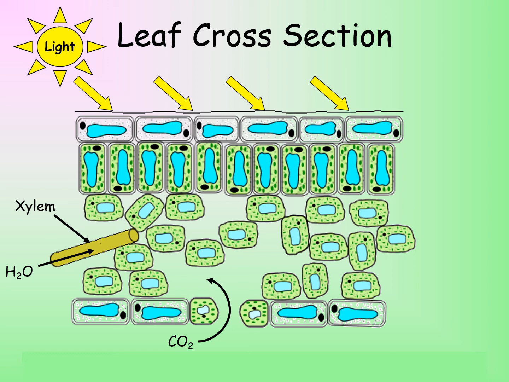Here I can see my light coming in. Remember, the light provides the energy to make your glucose. I can see my water coming in, and I can see my CO2 coming in. And remember the waste product? Oxygen. And the stomata allow gases to come in to the leaf and gases to leave the leaf.